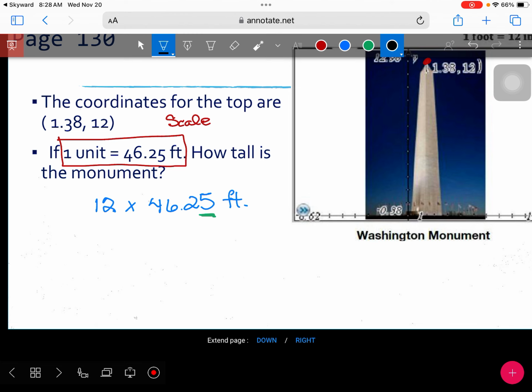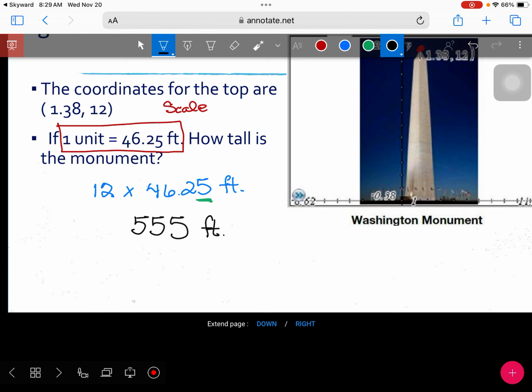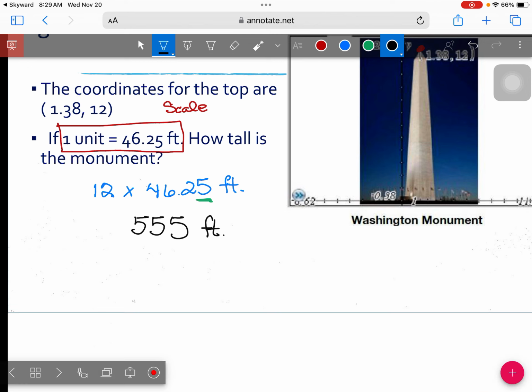Actually, if you take 12 times 0.25, that's going to be 3 feet exactly, right? And then 12 times 46. So what are we getting for an answer? 555 feet.